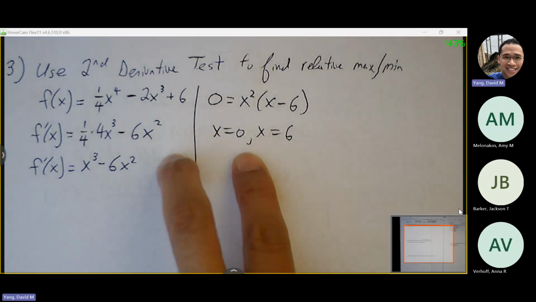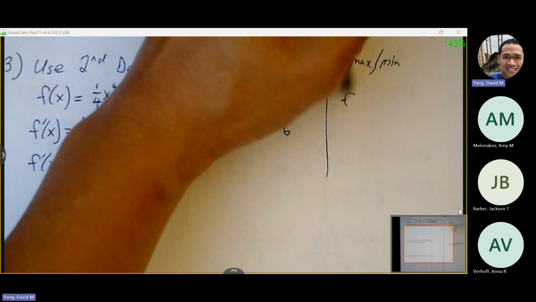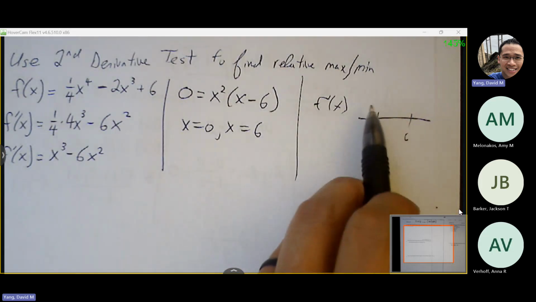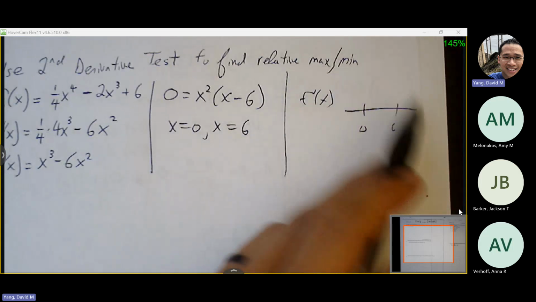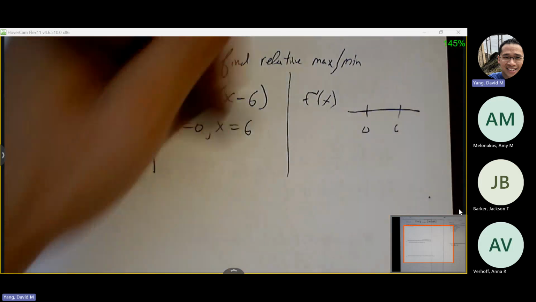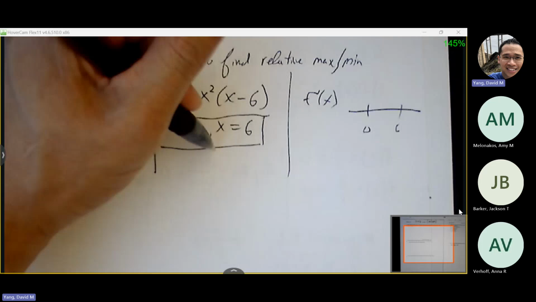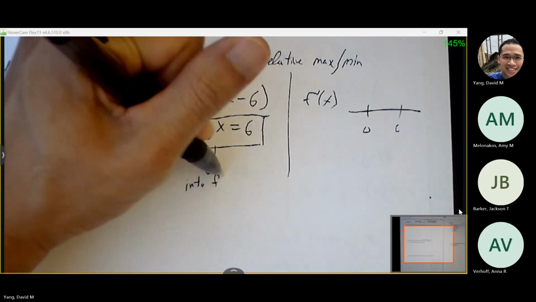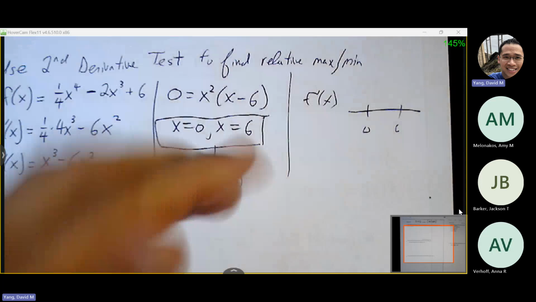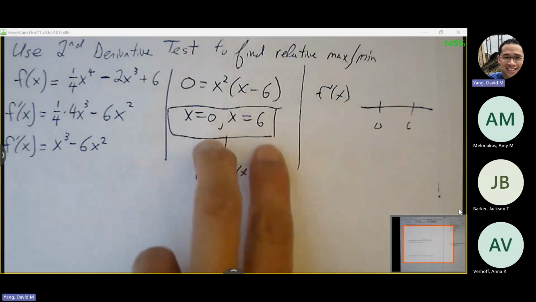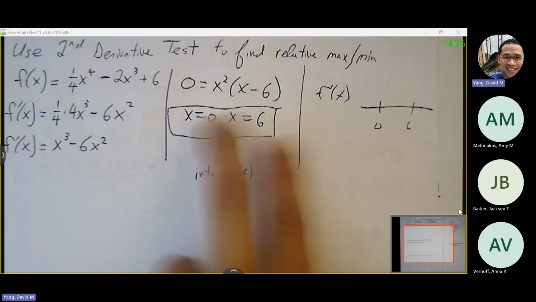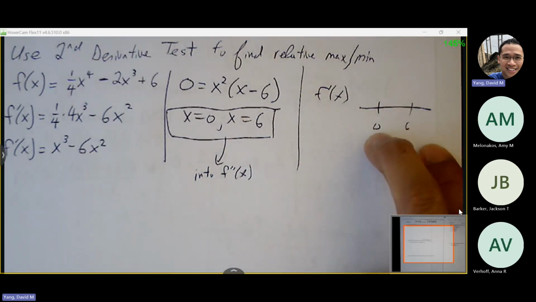So normally we would do this, right? Normally you would do f prime of 0, 6, and try to decide how the arrows are behaving, right? But that would be a first derivative test. Okay, so we're going down a different path here. We're going to plug these values into f double prime. And then use that result to help us conclude what's happening at these points rather than a sign line.